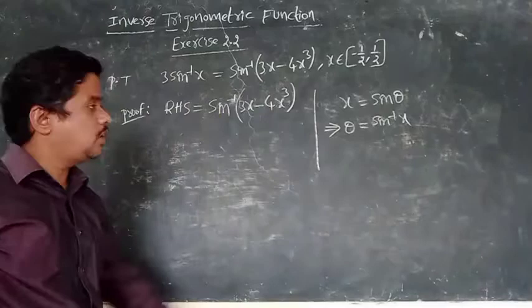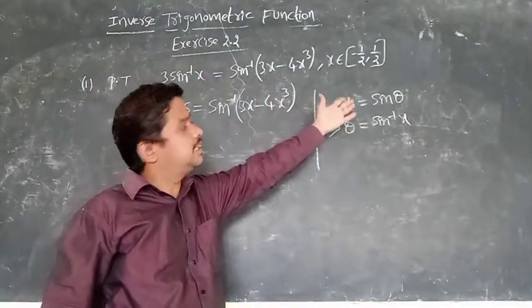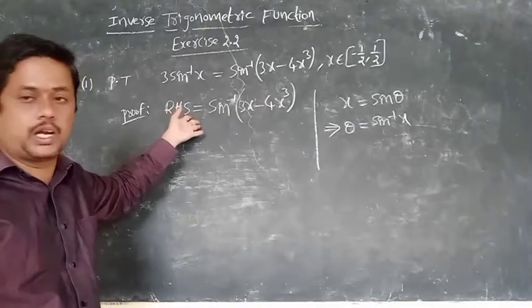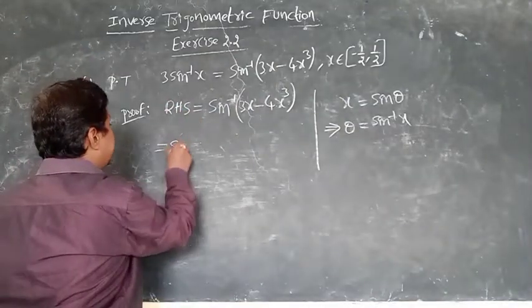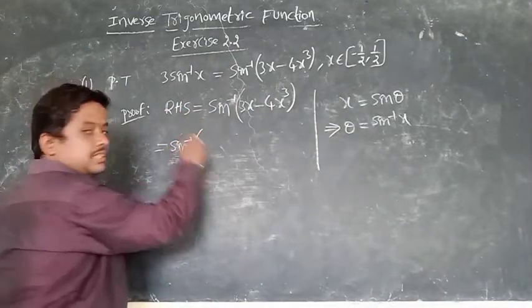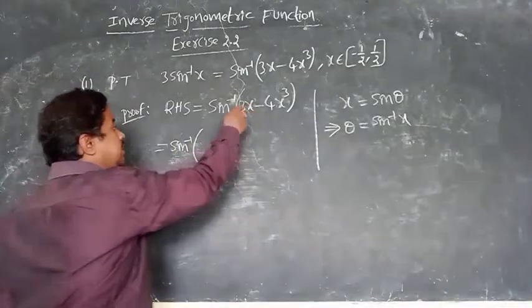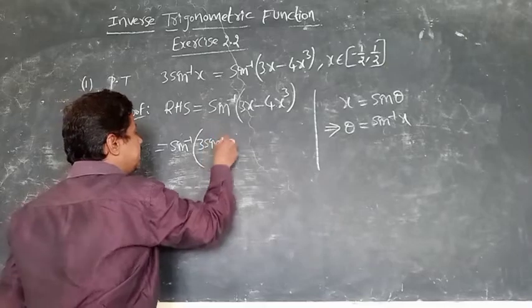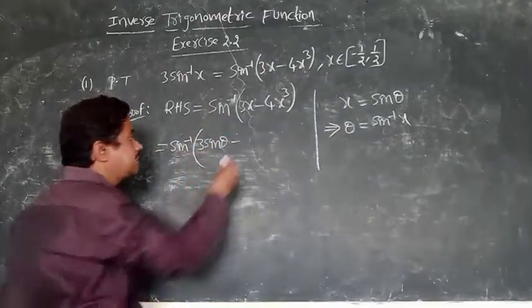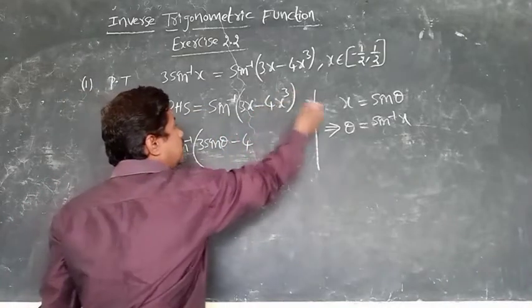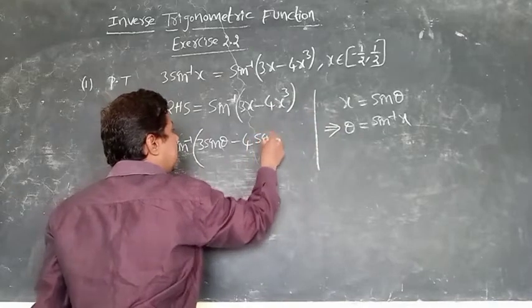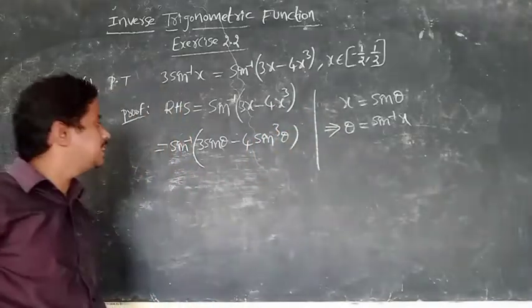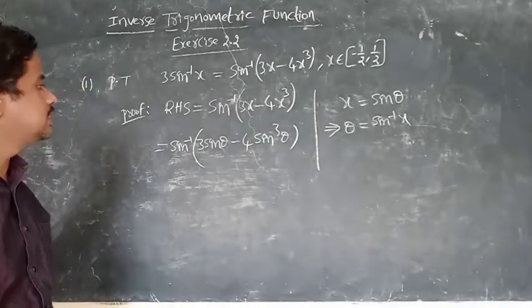Now let us substitute x equals sin theta here. So sin inverse of 3 sin theta minus 4 sin cubed theta.